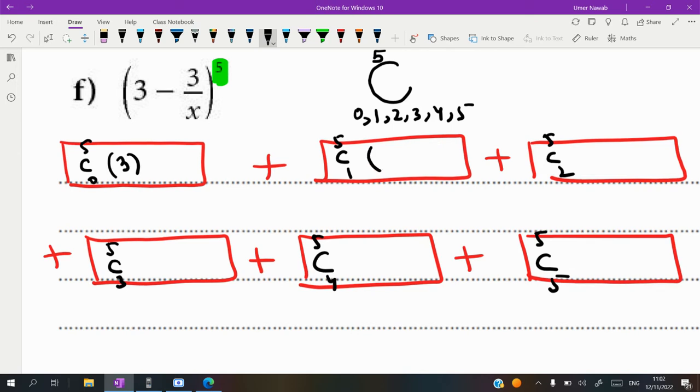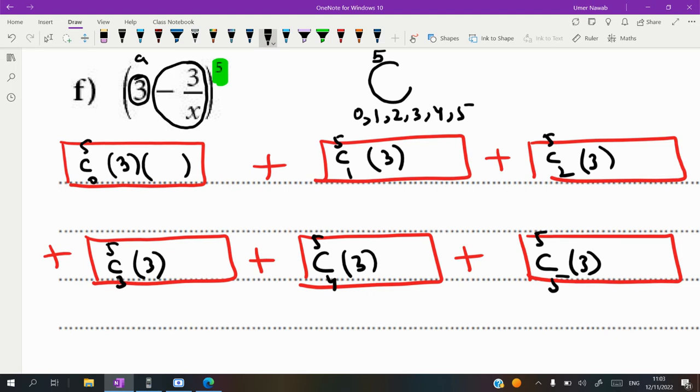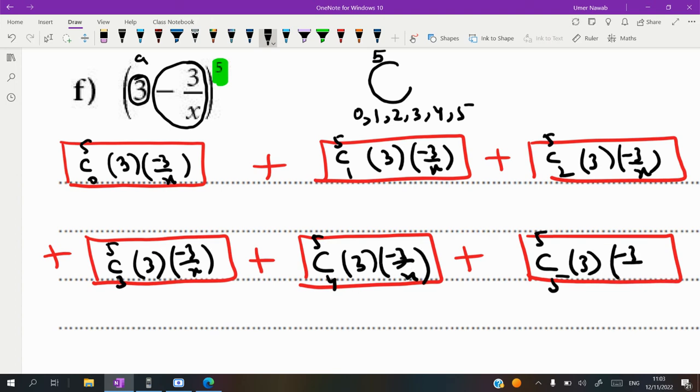Then 3, 3, 3, 3, 3, 3, because my a is 3. What is my b? Minus 3 over x, repeated for each term. What are their powers?